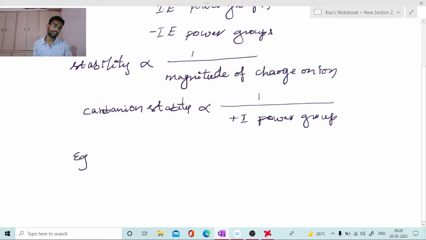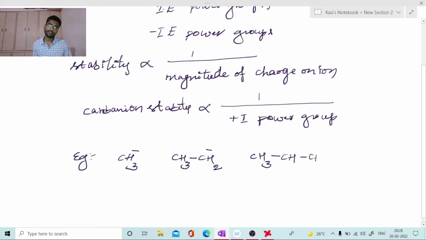See here, we are going to take the examples: methyl carbanion, next ethyl carbanion, and next propyl carbanion, that is secondary.